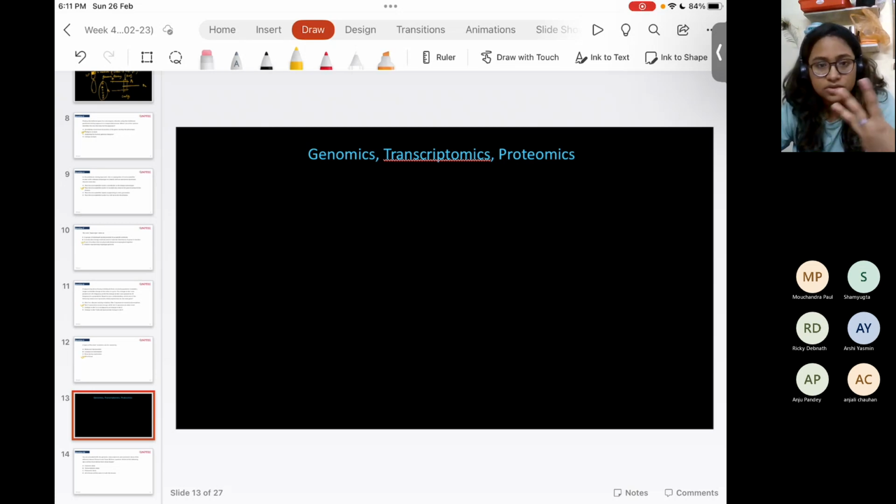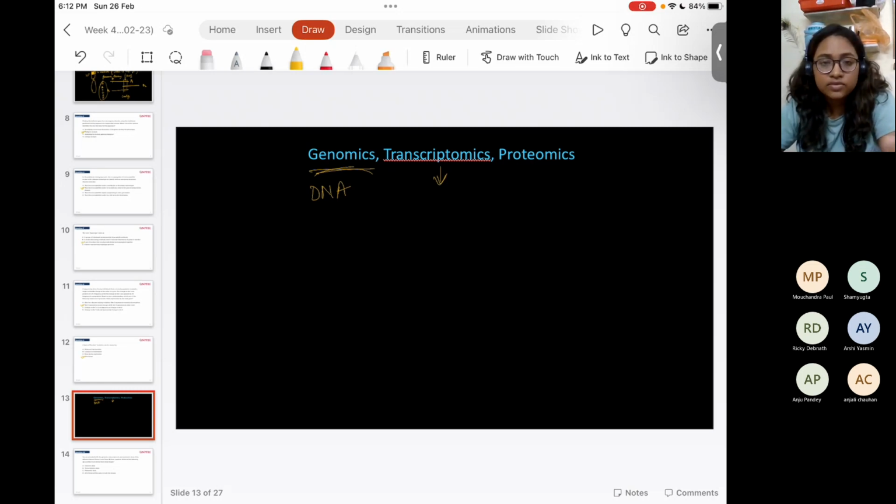So there are three things which have come up after the human genome has been sequenced completely. One is genomics, the area where people study the genetic material, the DNA, which contains all the information about how a living organism should function. Then within the DNA, within all the chromosomes, there are some coding regions and non-coding regions.